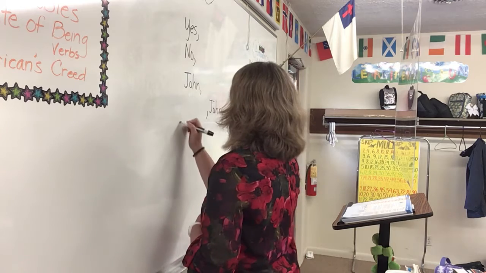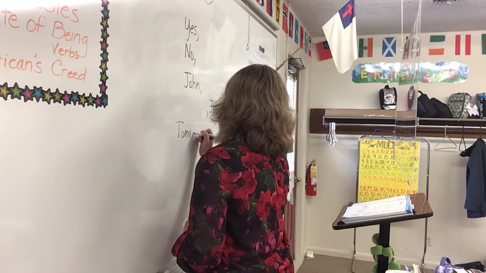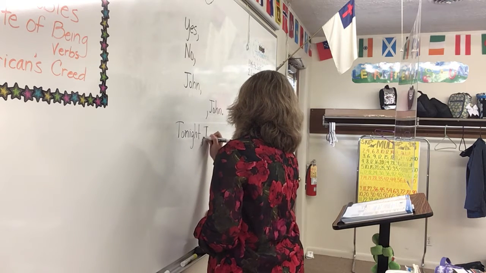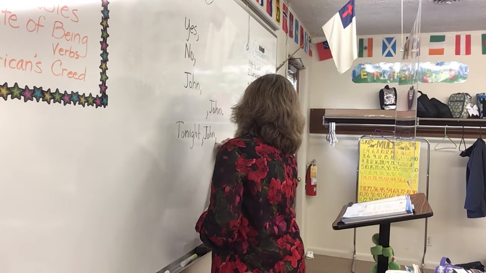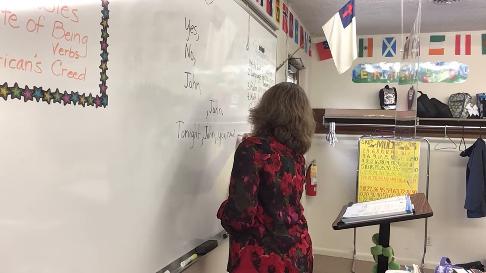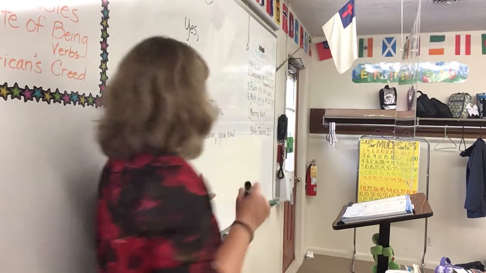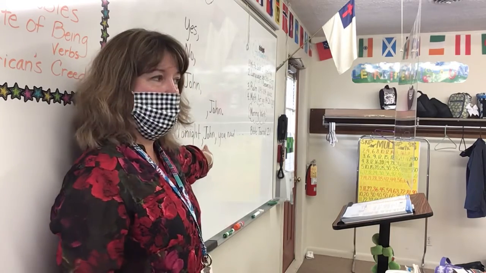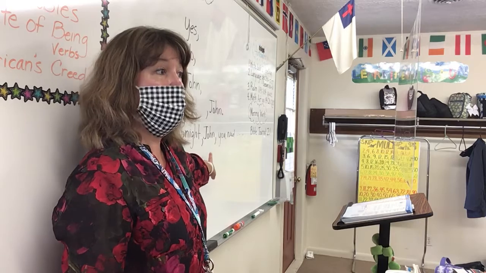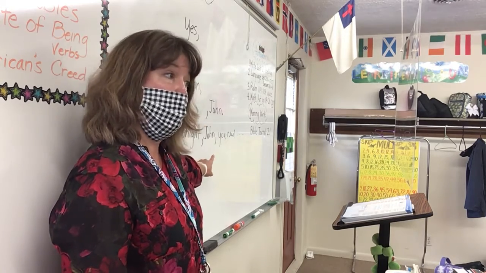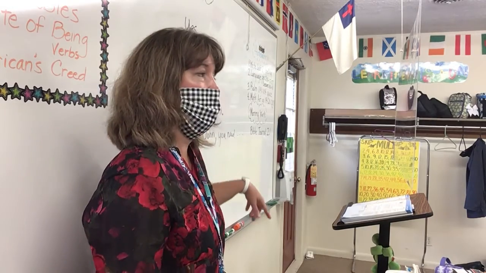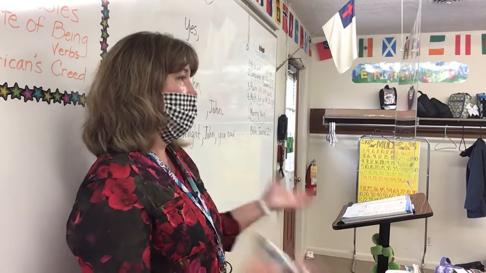How about tonight, John, you need to do your homework. Okay? I'm not going to write the whole thing. So, if I put his name in the middle of a sentence, you need to surround it with commas. Tonight, John, you need to do your homework. John, you need to do your homework. You need to do your homework, John. So, any of those.